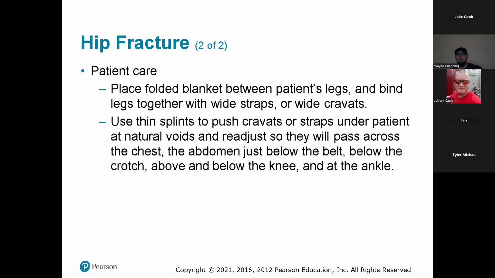We're going to buddy splint the good leg to the bad leg with a blanket between the two legs, use thin splints, and then splint or pad the voids and readjust.